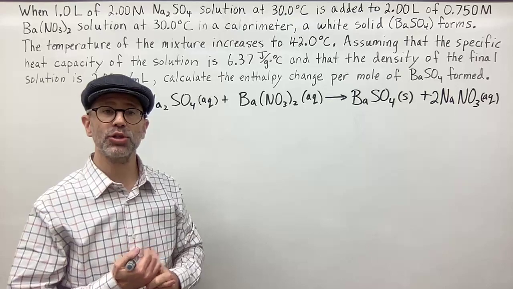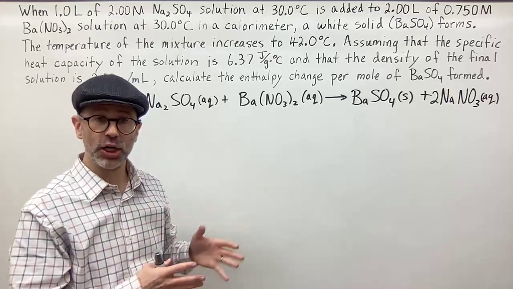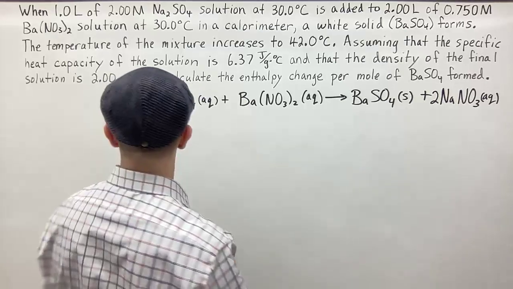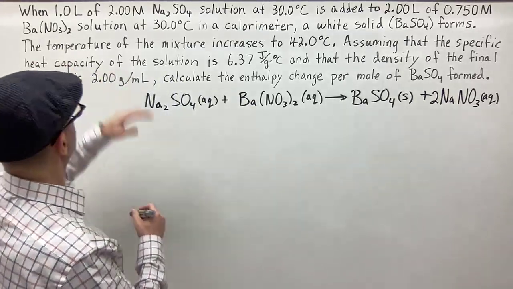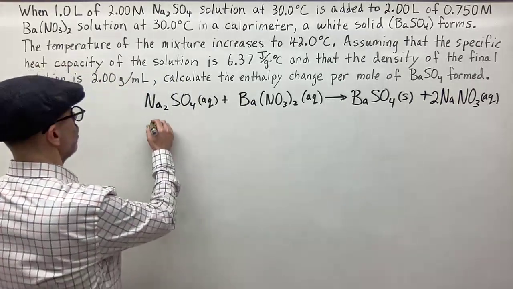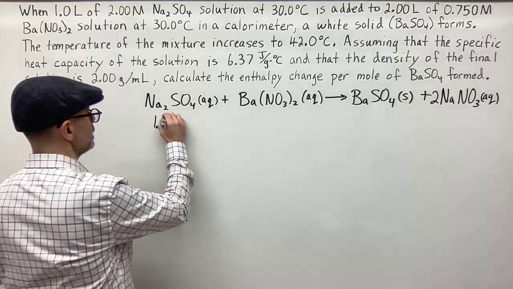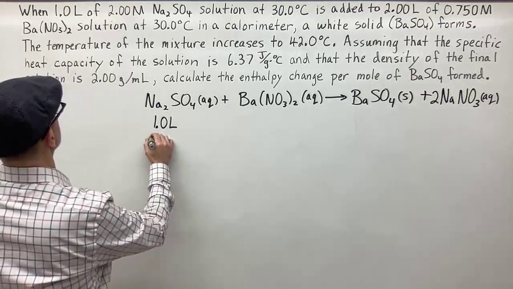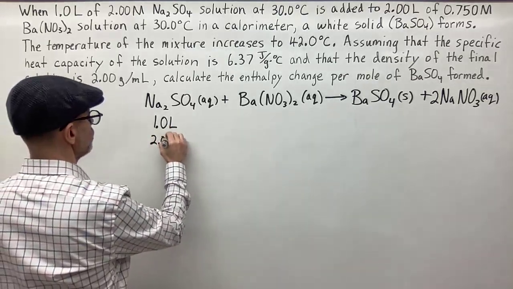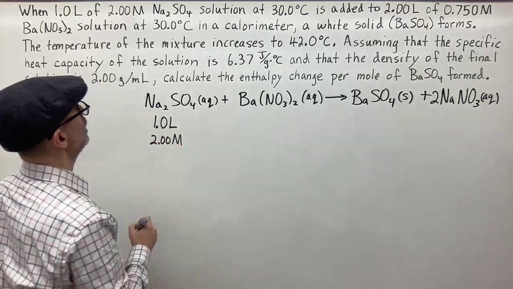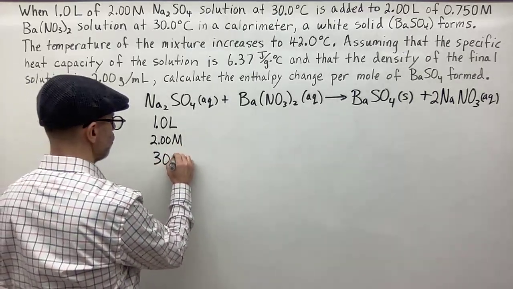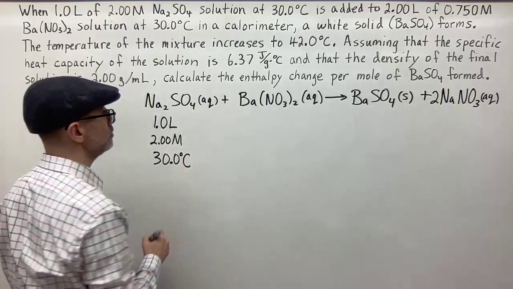The next thing we want to do is write down the starting information that we're given before everything reacts. So we're told that for the sodium sulfate, we have 1.0 liters, and this is 2.00 molar, and the temperature is 30.0 degrees Celsius.